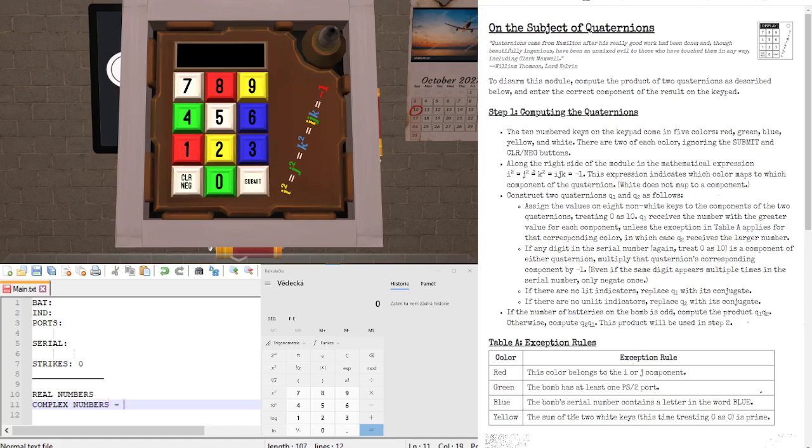Every such complex number will be a plus b times i, for a, b being real numbers and i being an imaginary unit, which is defined as i squared, which I will denote like this, is equal to -1.